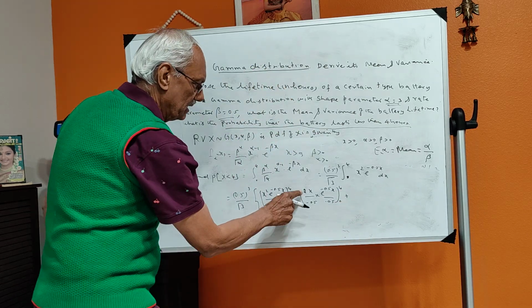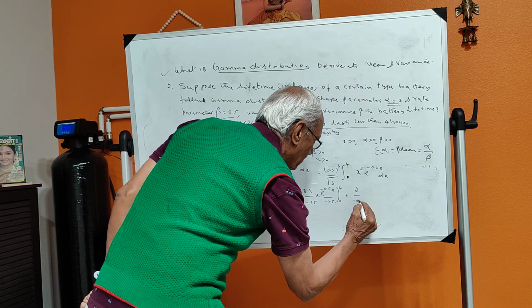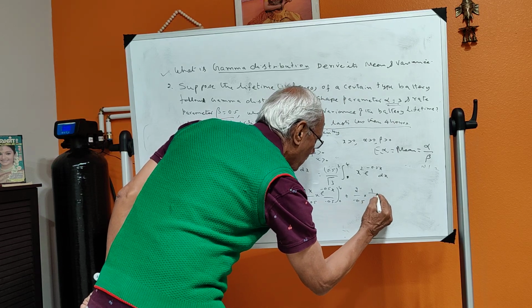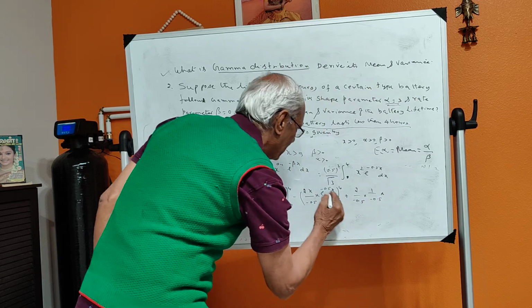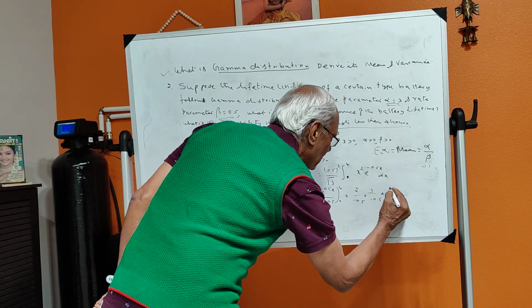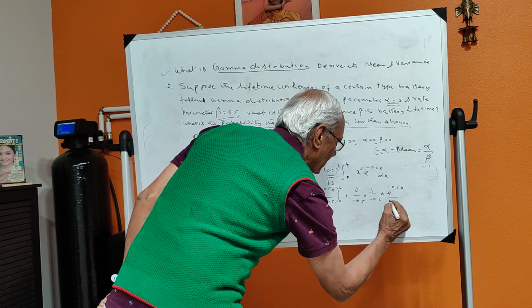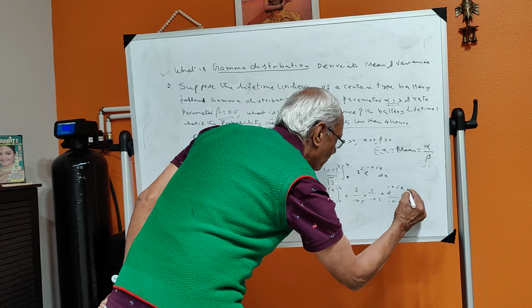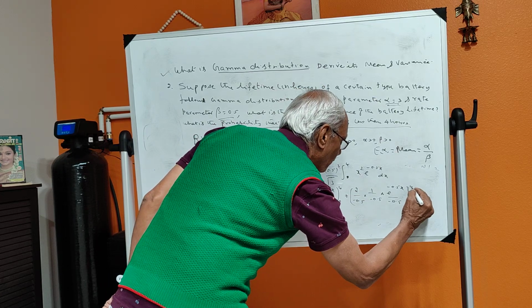Then plus, the differentiation of 2x is 2 divided by minus 0.5, and then the integration of this is e to the power of minus 0.5 x divided by minus 0.5, from 0 to 4.